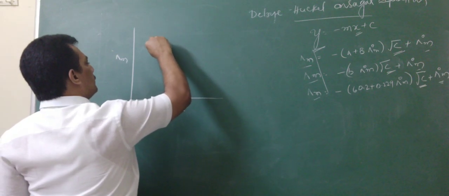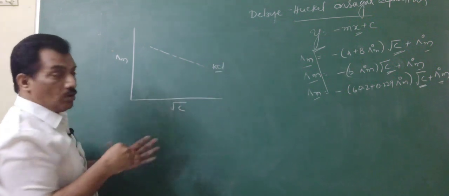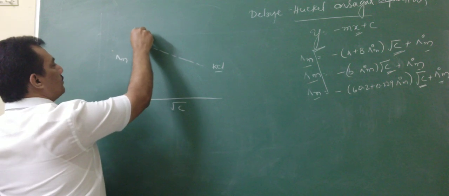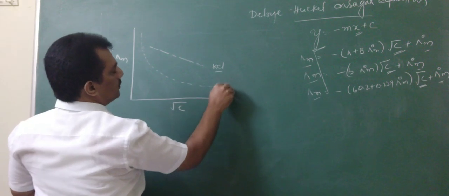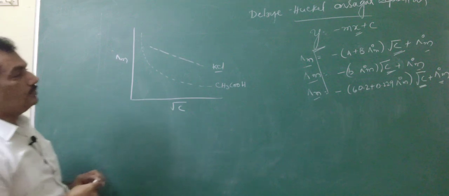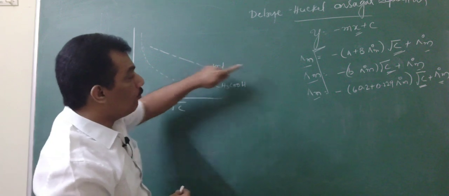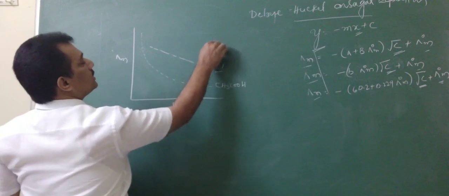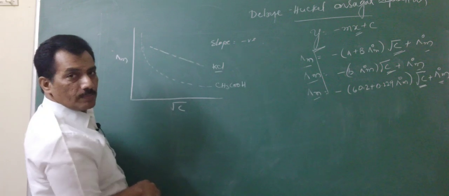It is the graph for KCl, which is a strong electrolyte. Clear? And now this is the graph that we are getting in case of weak electrolyte, that is CH3COOH. Now in case of strong electrolyte, which obeys that straight line equation like this, the slope is negative, it is coming like this.